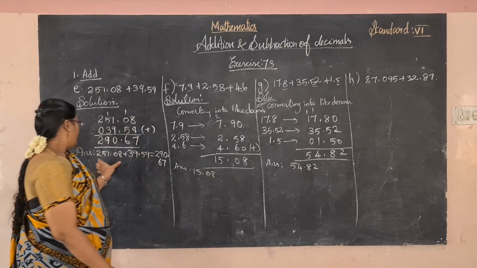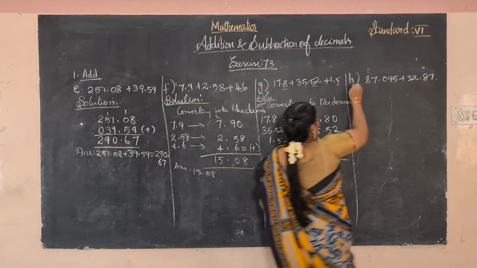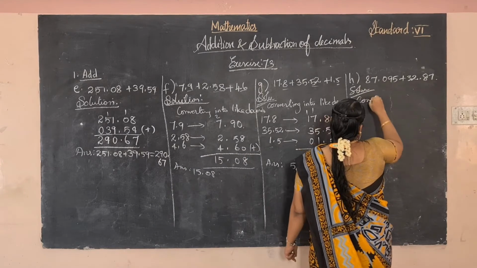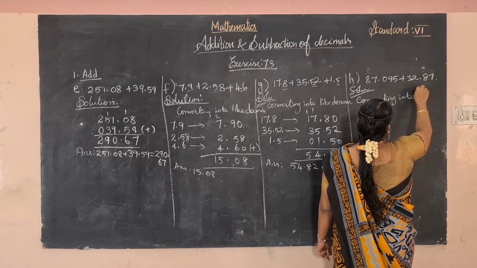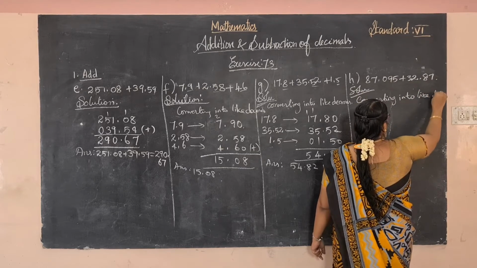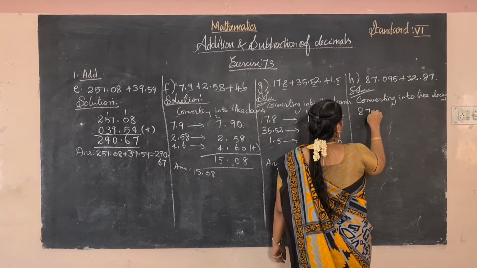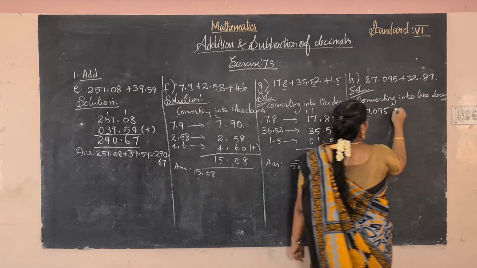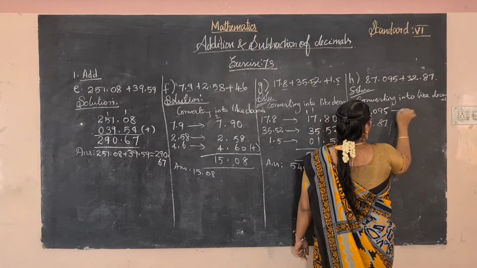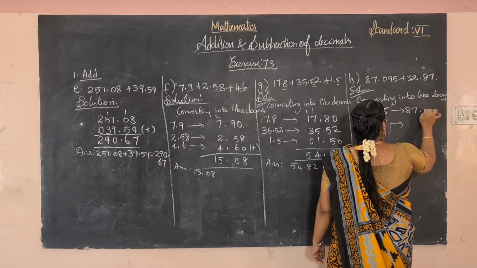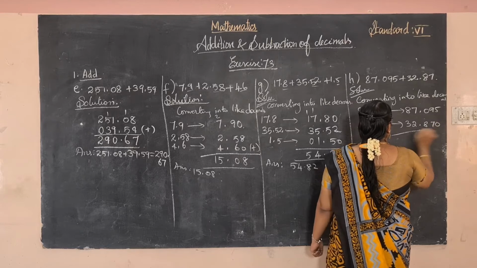You should write the given statement, and after equal to write the answer. Okay, and next one, converting into like decimals, because here also unlike decimals are given. So the first one 87.095, and the second one 32.87. 87.095 and the second one 32.870.